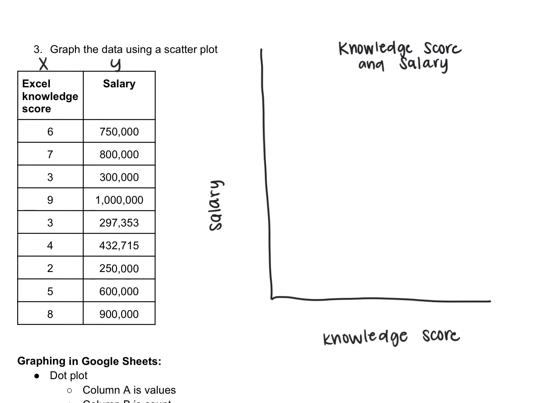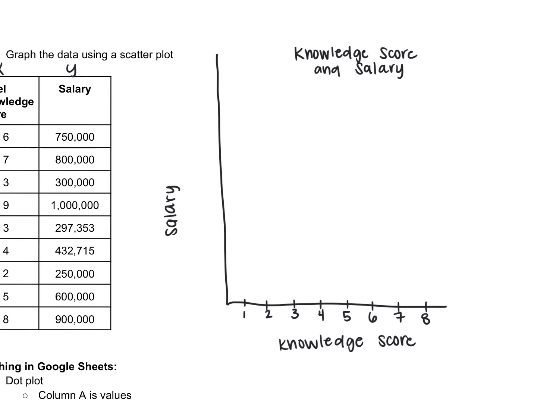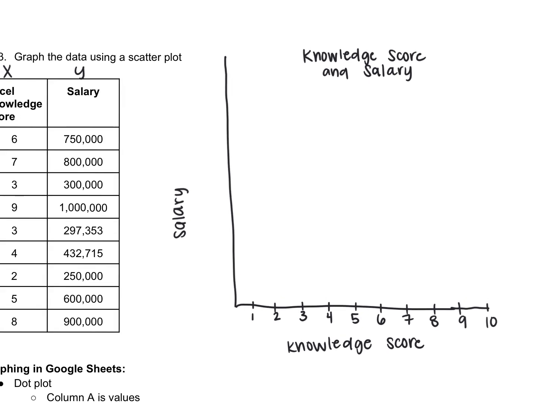So like my knowledge score, I'm going to go up by ones. So 1, 2, 3, 4, 5, 6, 7, 8, and then we'll have 9 and 10. Okay. For my salary, I'm not going to want to go up by ones. If I'm looking at my salary, I'm probably going to want to go up by like 100,000.